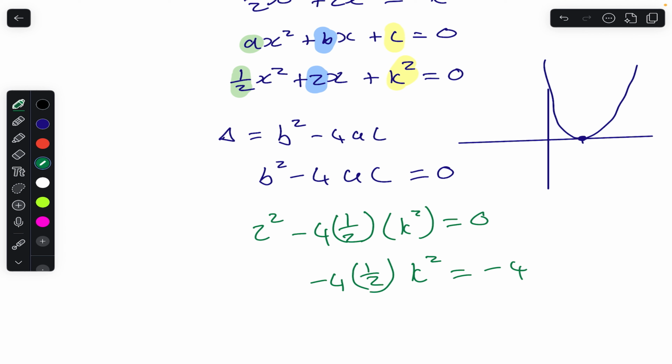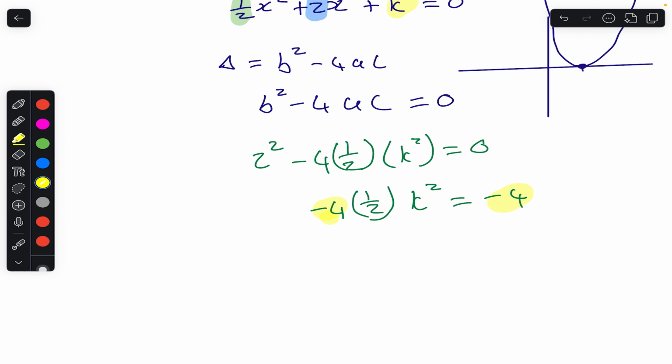So now we can see that the negative 4 that I have on the left hand side and the negative 4 on the right hand side, I can divide by the negative 4, and that will give me a value of 1. So I would have a half k squared equals 1. Now because I have the half on that side, I can multiply by 2 straight through, so therefore I will have k squared equals 2.